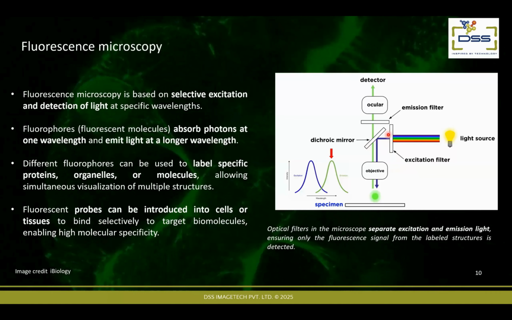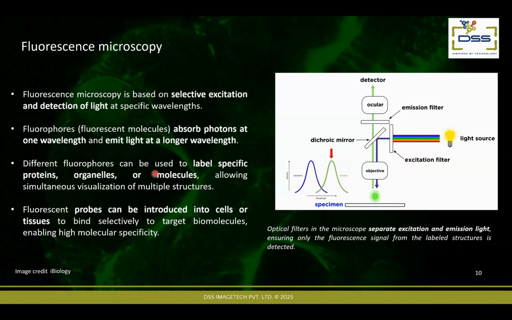Then the dichroic mirror reflects that wavelength through the objective onto the sample, and the green fluorescence that the sample emits is transmitted through the dichroic mirror to the ocular and the detector. So that is essentially the principle of a fluorescence microscope and its rough optical components.